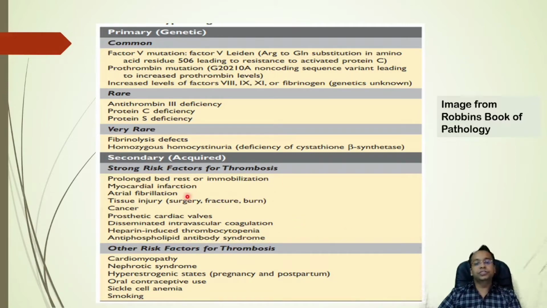All these conditions are a potential risk factor for thrombosis formation, and that's why in all these conditions, it's advisable to give an oral anticoagulant drug for prevention of thrombosis.